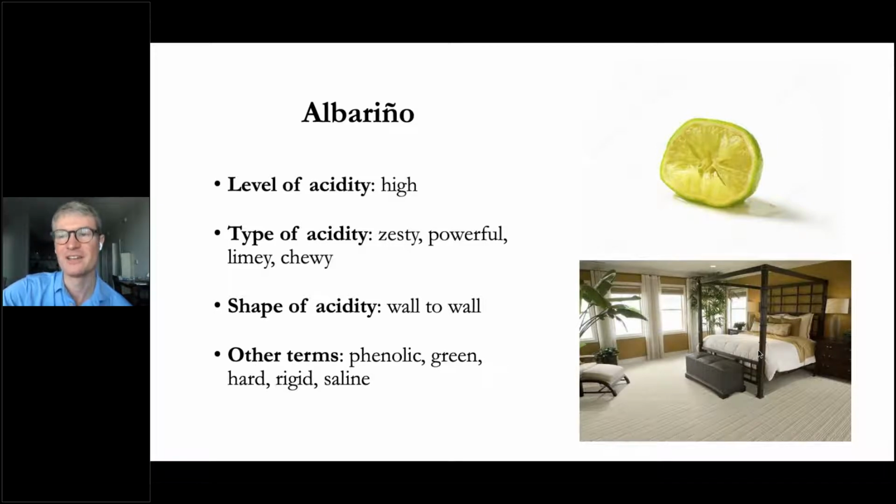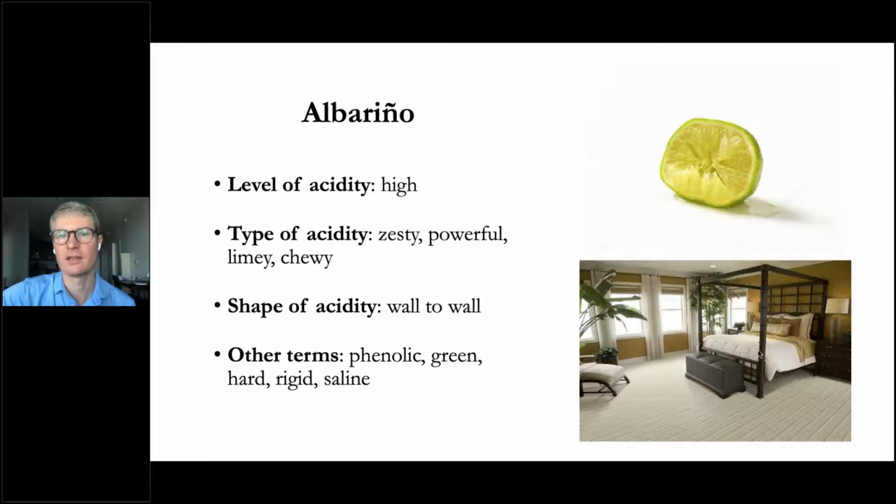Wall-to-wall acidity in Albariño means that when you first put the wine in your mouth, you get a massive wave of acidity that you have to kind of bust through. Then it seems to subside quite quickly. But on the finish, after you've spat or swallowed, the wall seems to come back, and again you've got to bust through that wall.